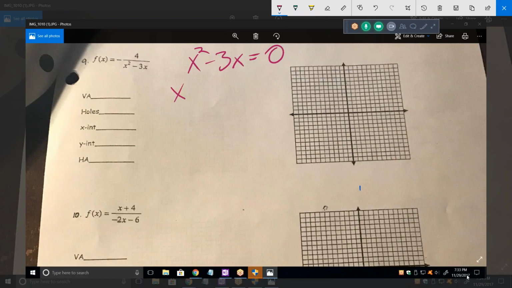Oh, right. And it makes a difference. If I bring the 3x to the other side, I lose the solution. You lose the solution. I'll show you in a second. So now it looks like I've got two vertical asymptotes. Where are they? 3 and 0.